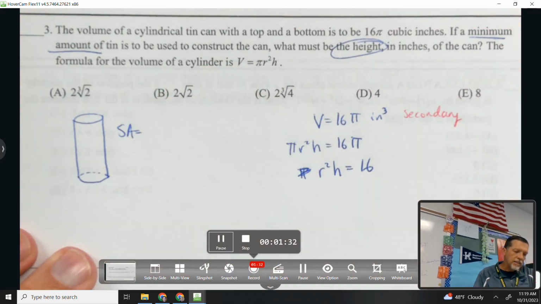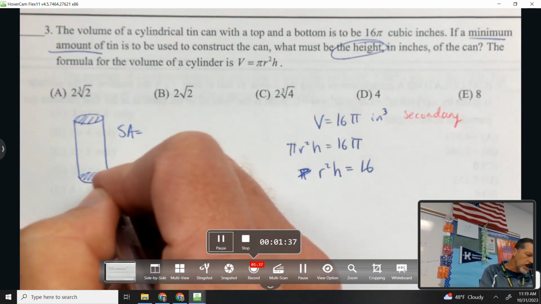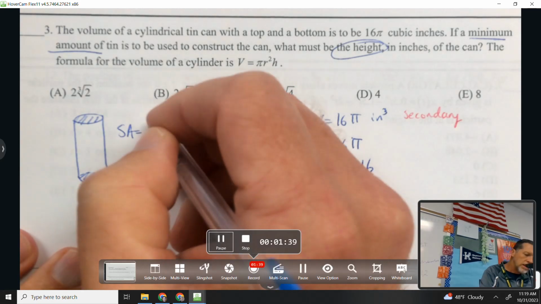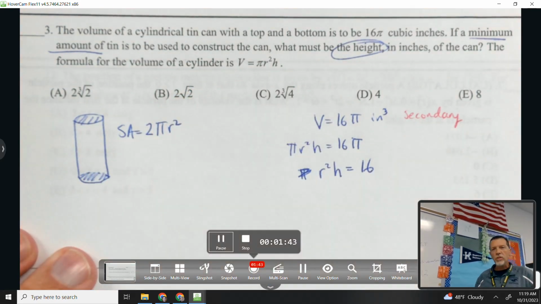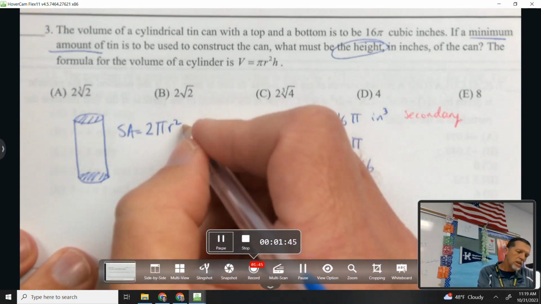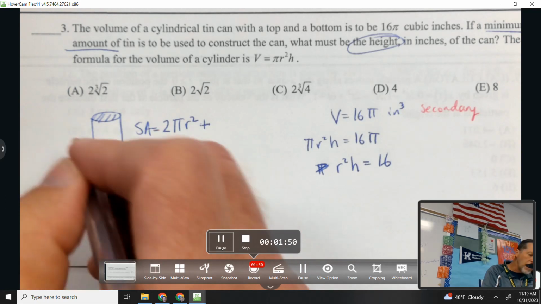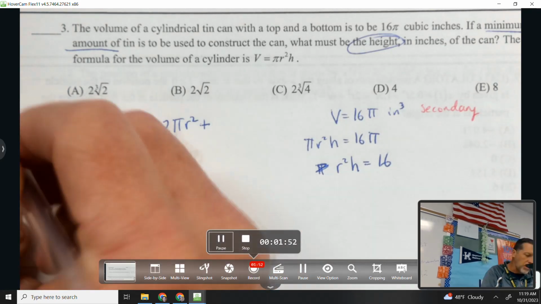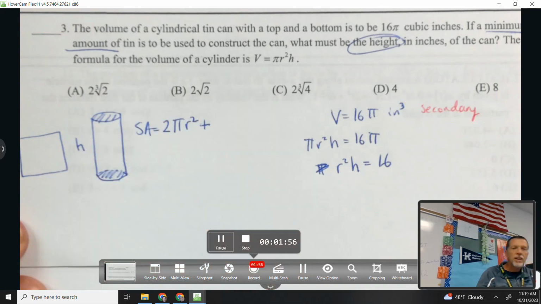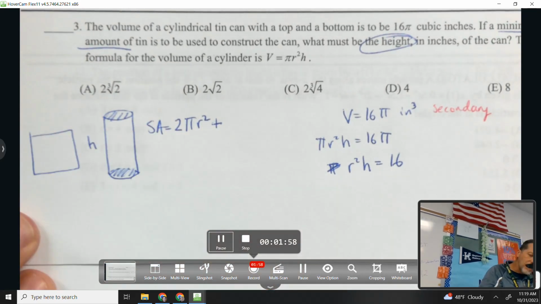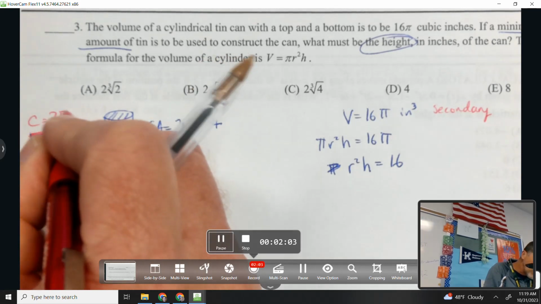So I want the surface area of that cylinder. Well, it's got circles on the top and the bottom. So that would be 2 times pi r squared, 2 circles. Plus, this is how you don't really memorize the side surface area. You think about, well, if we unrolled it, it has a height, and then this side would be the circumference, which is 2 pi r.